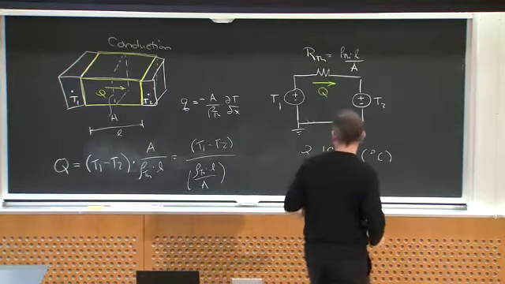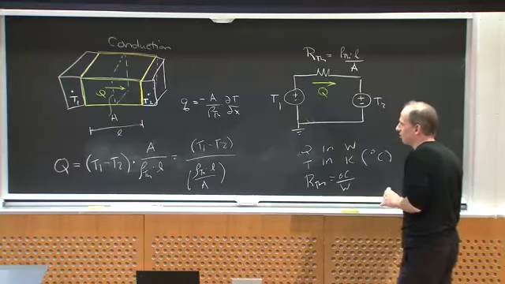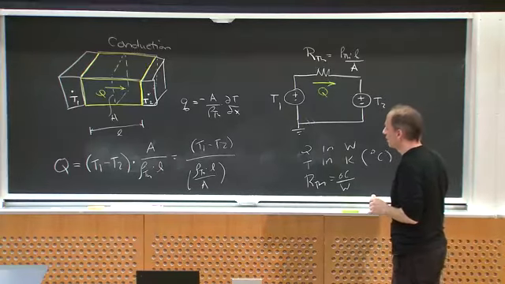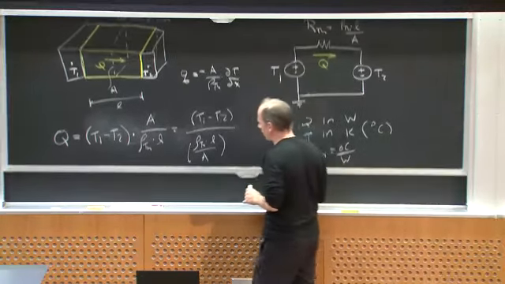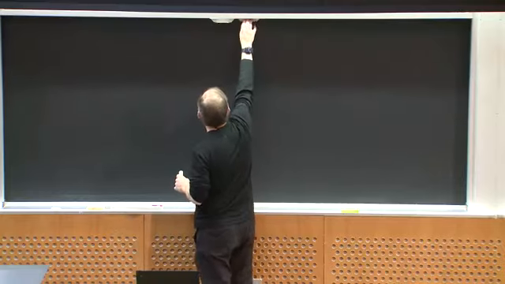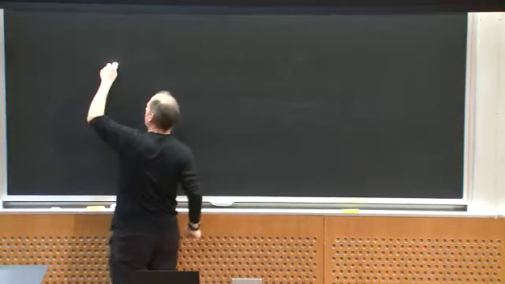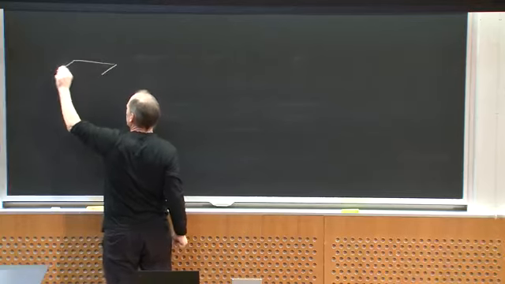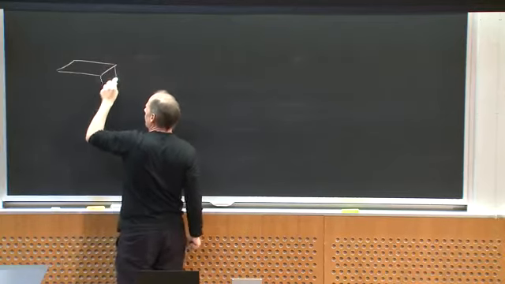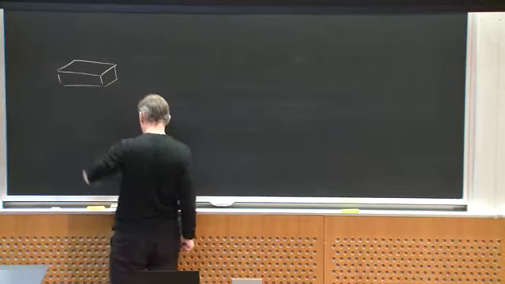This is conduction. What might my other means of transferring heat energy look like? Well, my other means of transferring heat energy might be something like this, right? I've got some structure which has heat going into it, and then some fluid going over it.